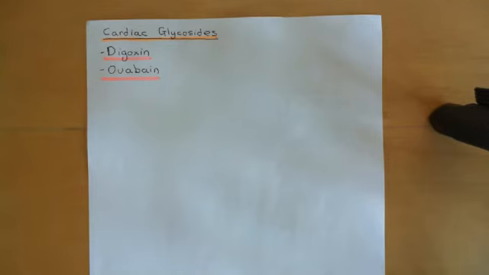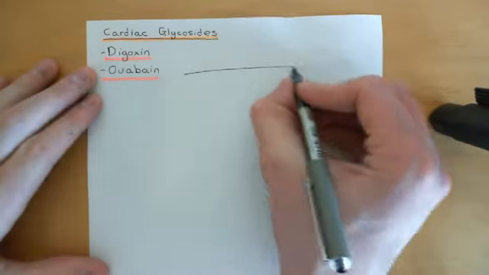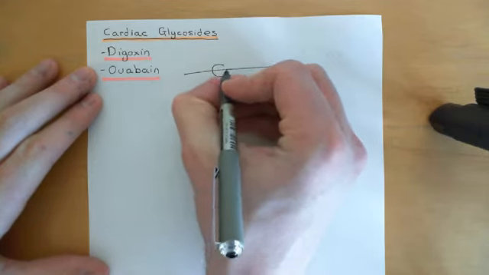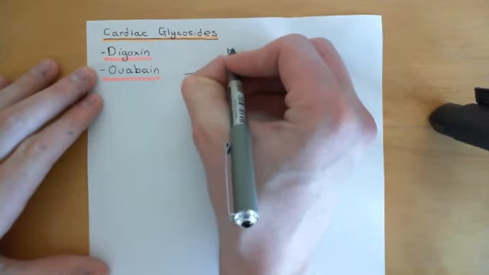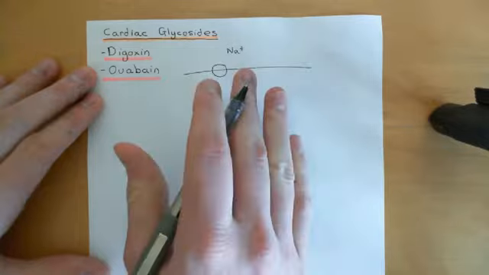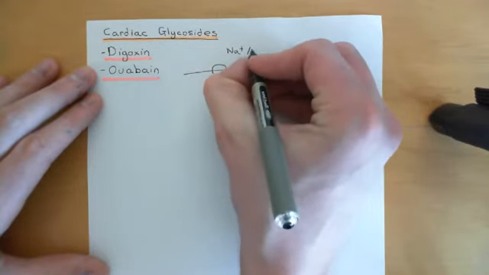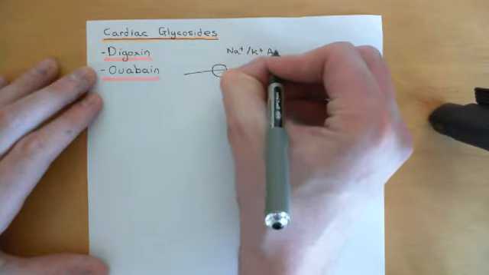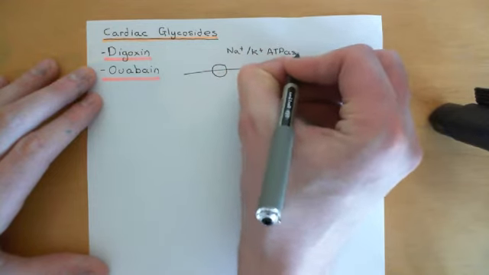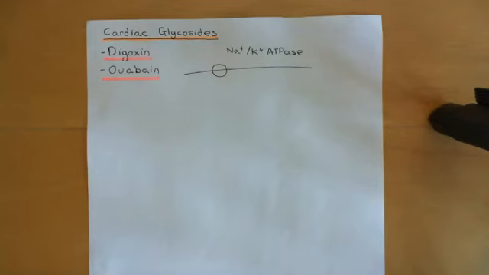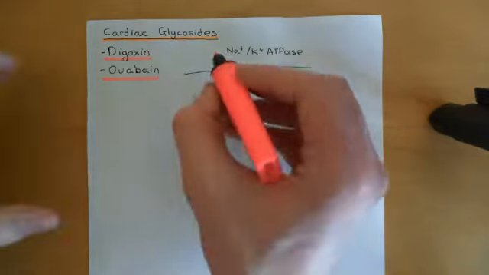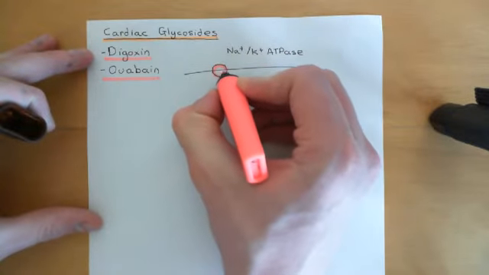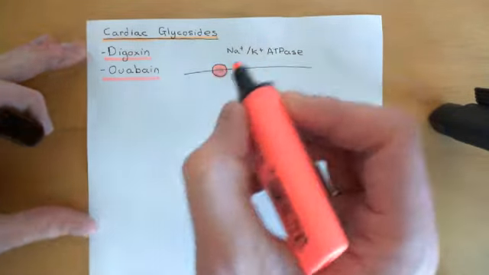Now, they both do the same thing, which is that they block the activity of the sodium-potassium ATPase. So let me put this here. This is a new player that we haven't seen before, but we have seen its importance before in this video. So the sodium-potassium ATPase. This is a protein that you're going to find in all sorts of cells, but for our purposes we're interested in its presence within the cardiomyocytes, and it's going to be on the sarcolemma of the cardiomyocytes, so on the cell membrane.